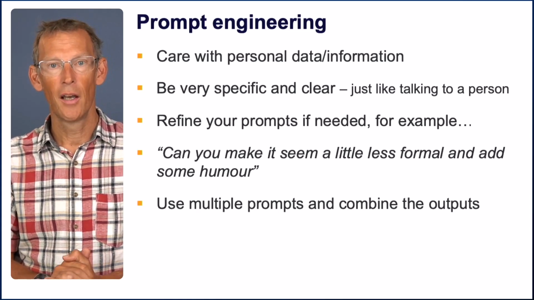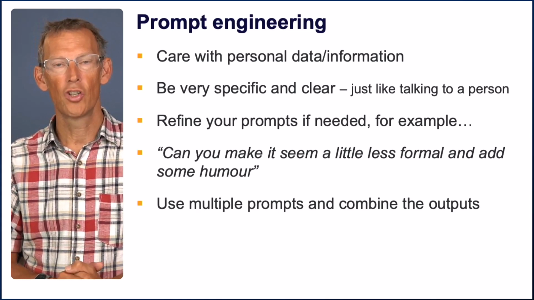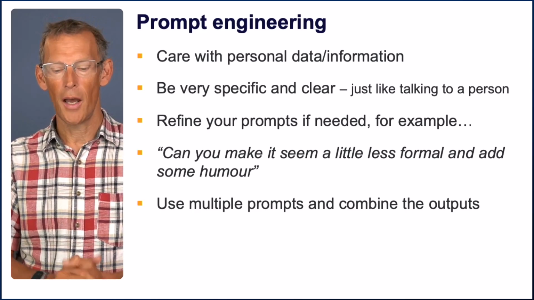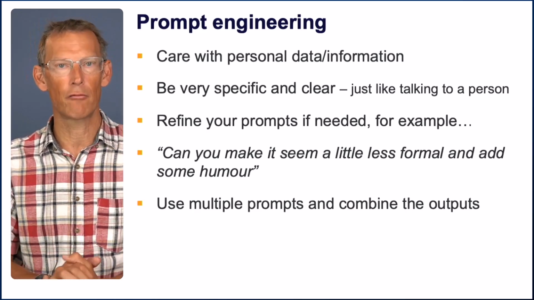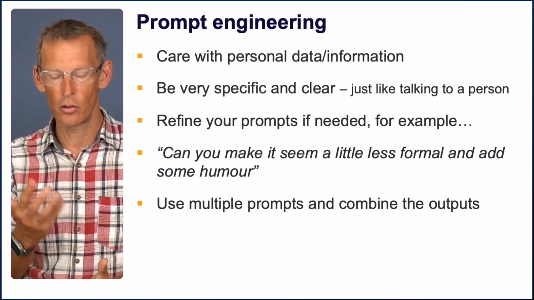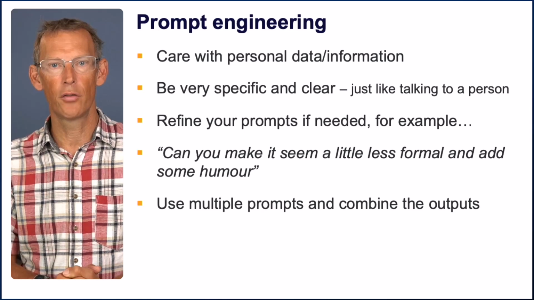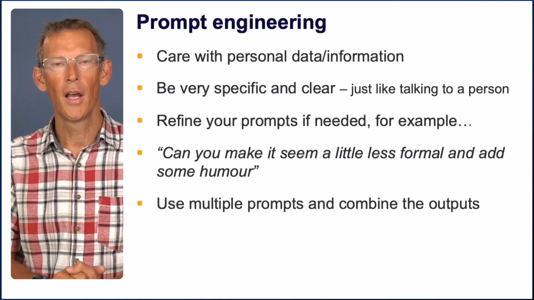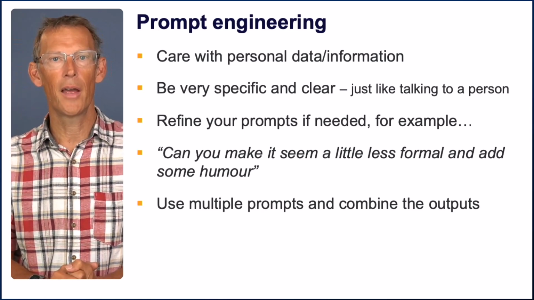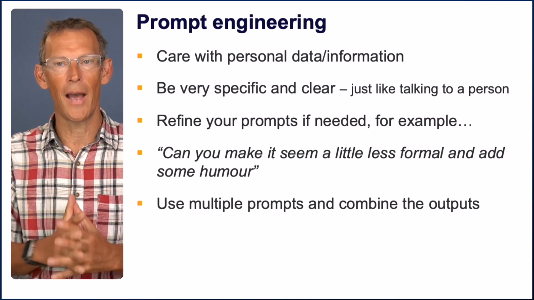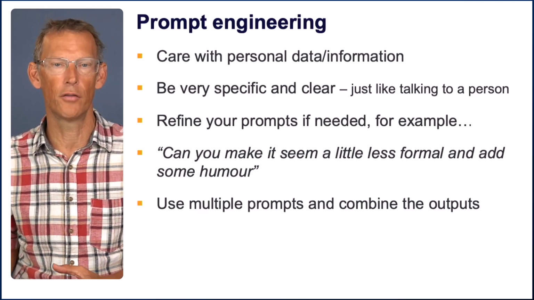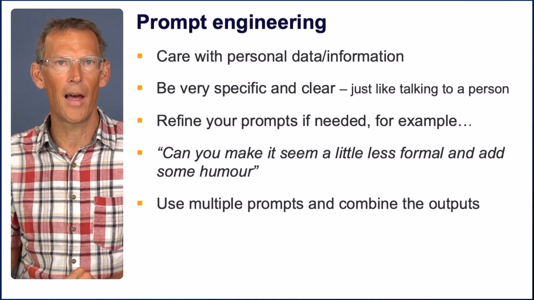But essentially, when you are crafting your prompts, sometimes you might want to create a single prompt that gives you the exact result you want first time around, called one-shot prompting. Sometimes you might want to use chain of thought, where you build up your prompts, have multiple prompts, and then what you do at the end is you combine the outputs into the result you're looking for. We'll look at an example of that later on.